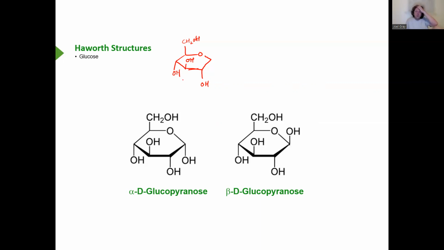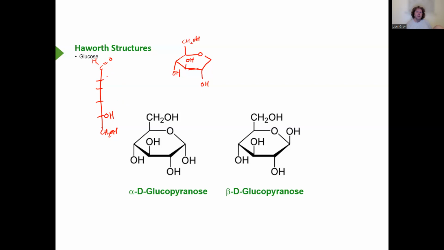So when I'm drawing glucose, I'm taking my linear form of glucose that looks like this. 1, 2, 3, 4, 5, 6. This is D-glucose, so on the right-hand side, carbon number 5, we've got the hydroxide group.